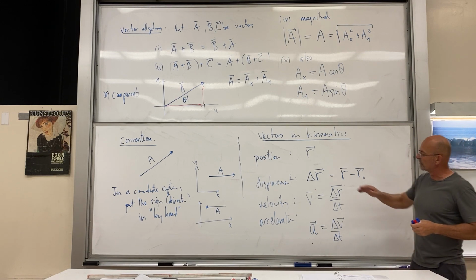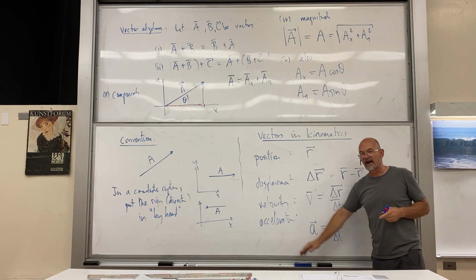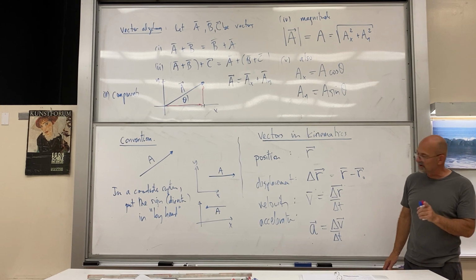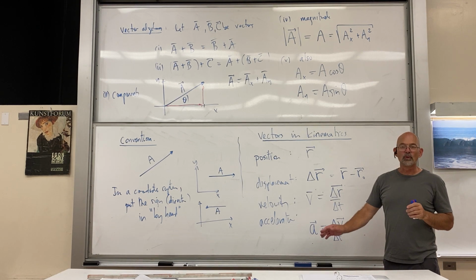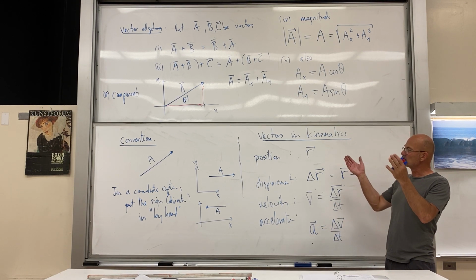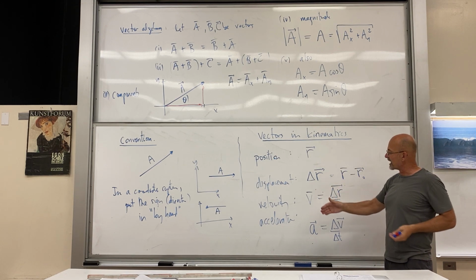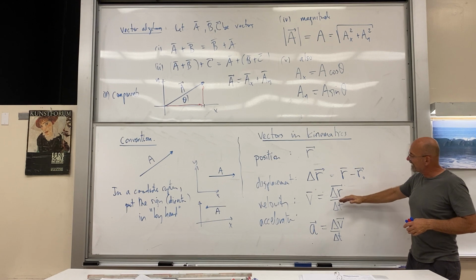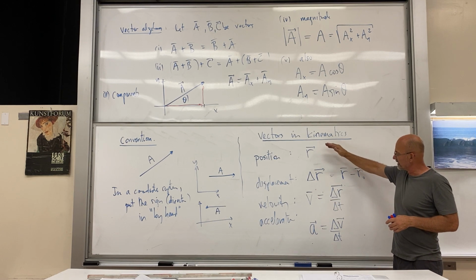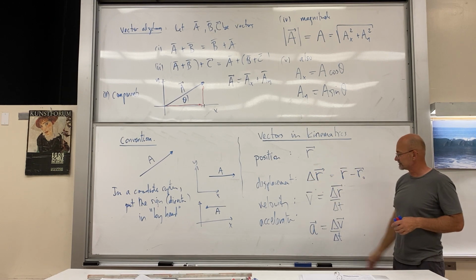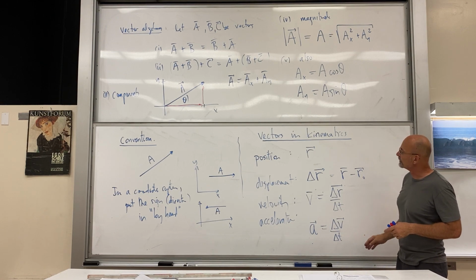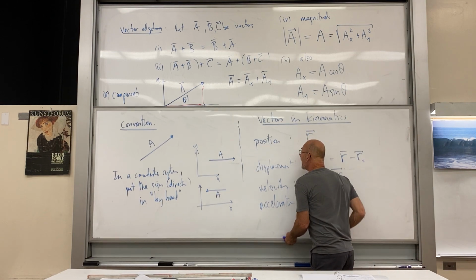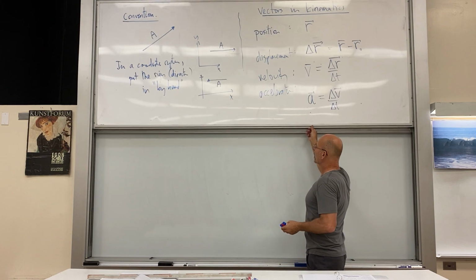So position, displacement, velocity, acceleration that we did in one dimension, they actually already were vectors. I kind of drew attention to it because of the positive and negative direction, but now they're explicitly vectors. And next time we're going to do this thoroughly and see what these things mean. Let me just end with where we're headed with this.